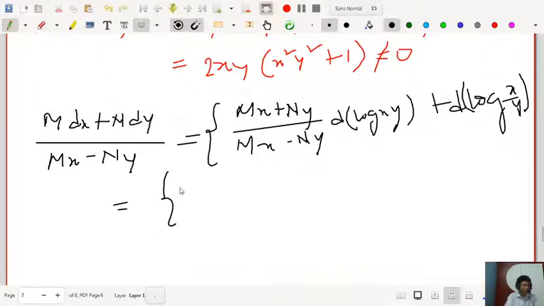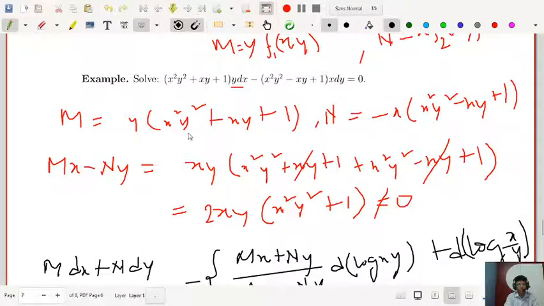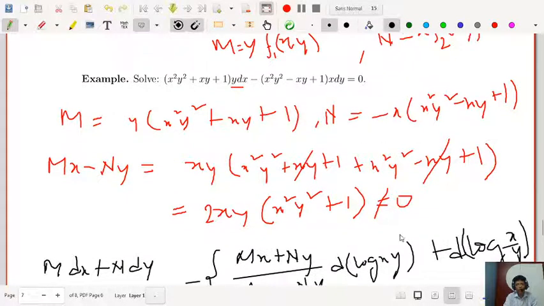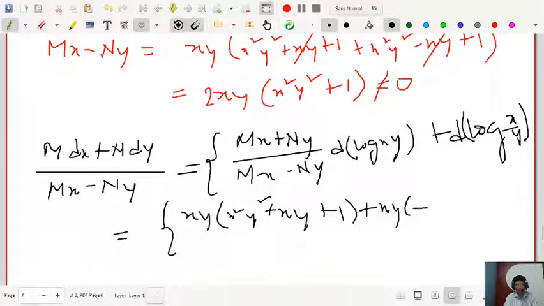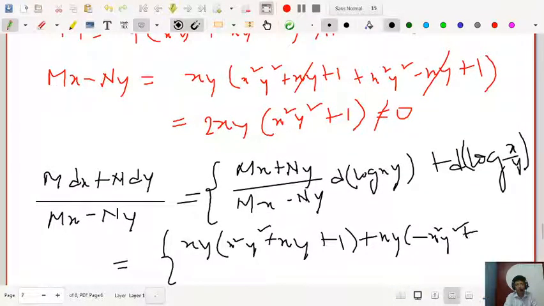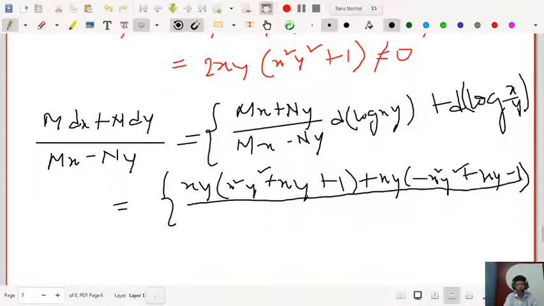So your numerator will be xy into x square y square plus xy plus 1, plus xy into, there is a minus, so N is minus, so it will be minus x square y square plus xy minus 1, and the denominator you already got here.